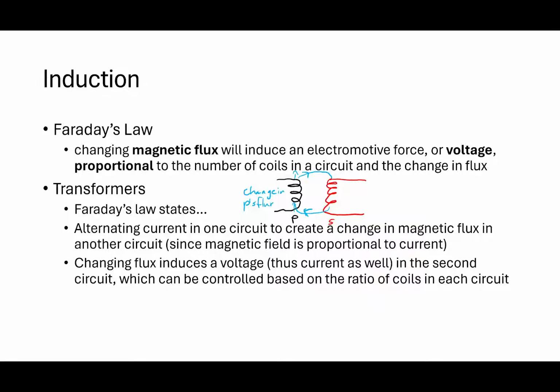The magnetic field that goes into the second circuit causes a magnetic flux, and that changing flux in the circuit of S will cause a voltage to be induced in the circuit of S, and thus a current to be flowing.